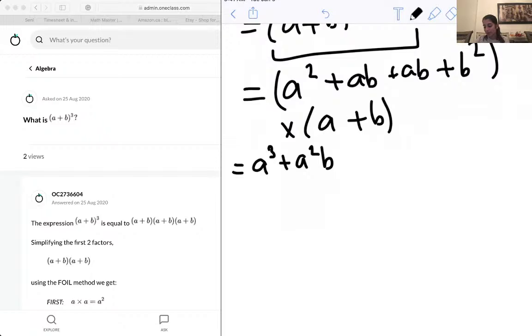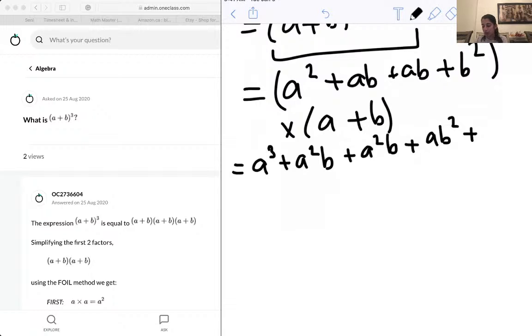So ab times a is a squared b, plus ab times b is ab squared, plus we move on to the second ab. We could have just added the two ab's to make it simple. It's up to you.